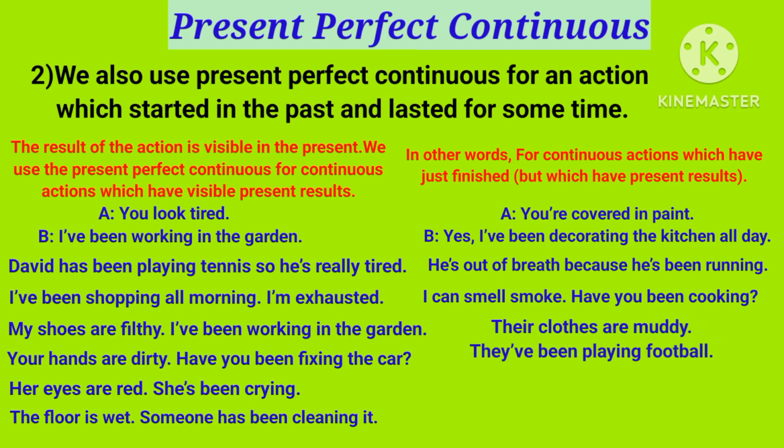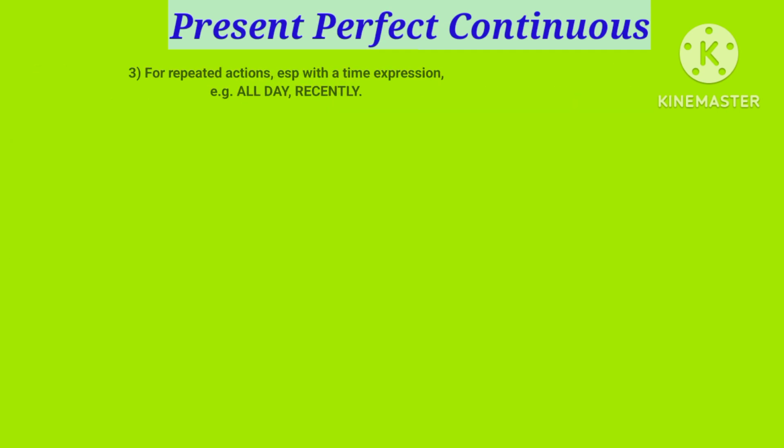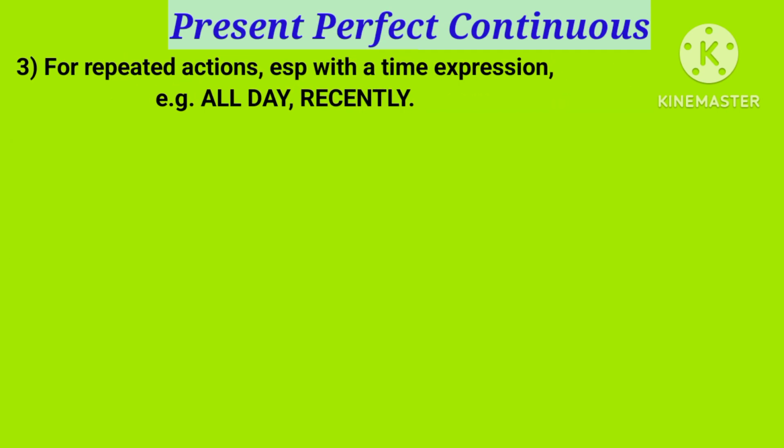Their clothes are muddy. They've been playing football. The result is muddy clothes visible now. The table is messy. The kids have been doing crafts. The result, mess shows the recent activity. Number 3: for repeated actions, especially with a time expression, for example, all day, recently.